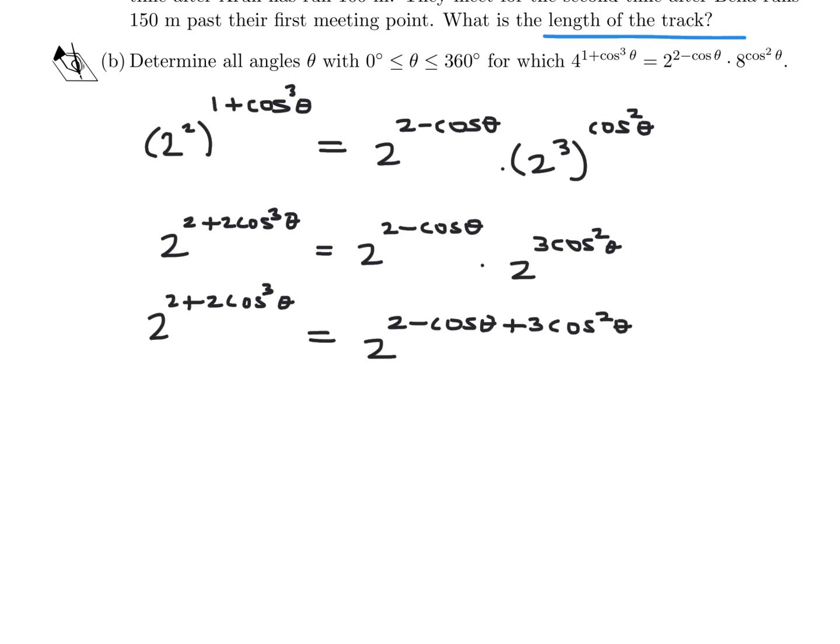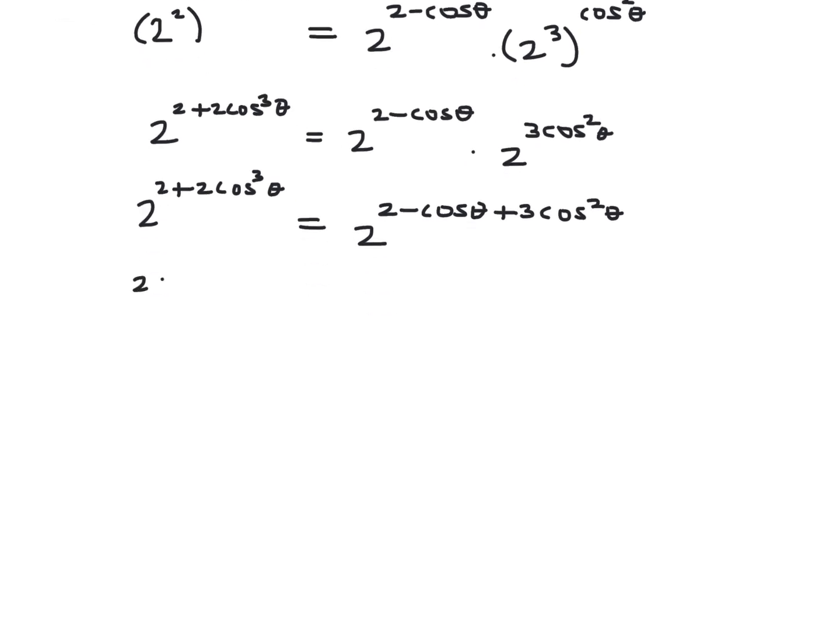Correct? Okay. Well, the bases are the same, so the exponents must be the same. So that means 2 plus 2 cos theta cubed is the equivalent of 2 minus cos theta plus 3 cos theta squared.